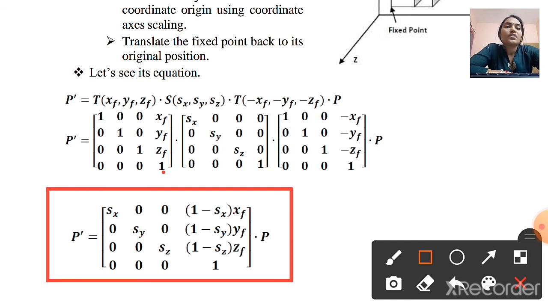All of you remember this. Translation and scaling, these two methods we covered in this class. In the next class we will read the next method.